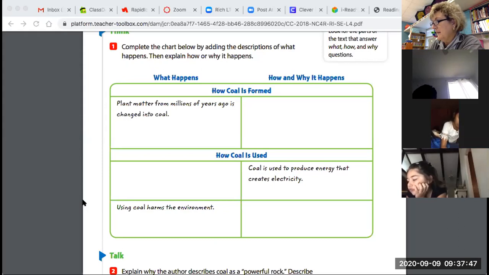It harms the air and the land. It produces acid rain. And what can the acid rain do? Harm animals and plants. It can make animals and plants sick.